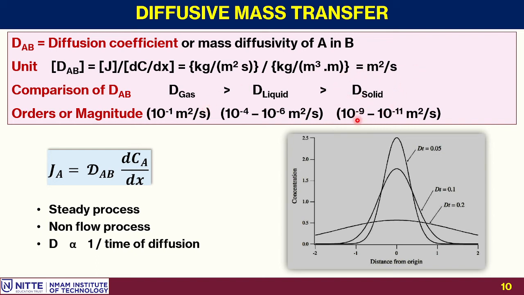Diffusivity for solid is a very small value, inversely proportional to time. The time required for diffusion of solids is very large, right? What it means is, the time required for the solid molecules to diffuse across that particular unit or system is very large. It requires more time.